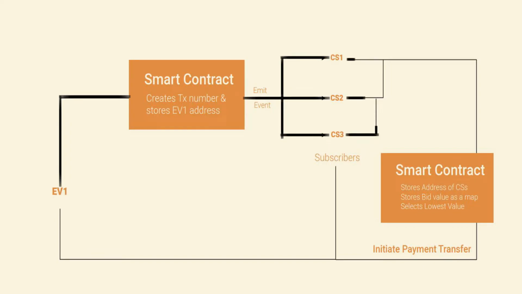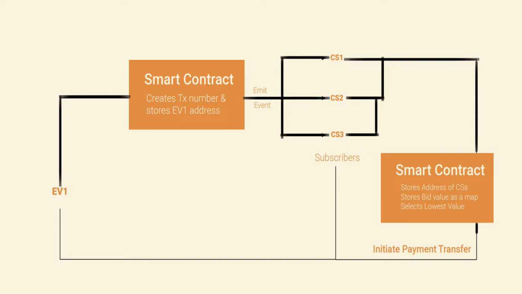The CSs, upon getting notified about this new auction being opened, send their sealed bid, which is a hashed version of their price and is stored in the smart contract. They, in turn, get a bid ID. Once the auction closes, the CSs now reveal their bids, and the smart contract selects the winner, which is the lowest price seller.